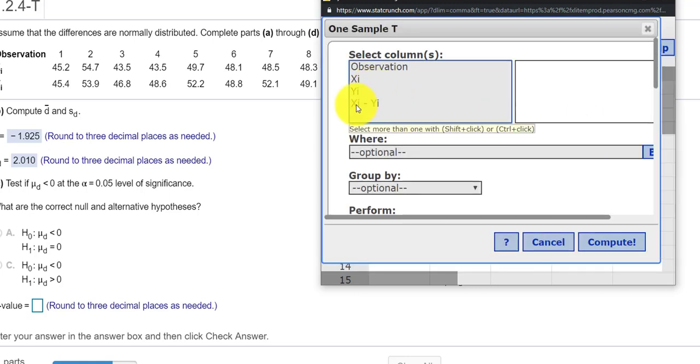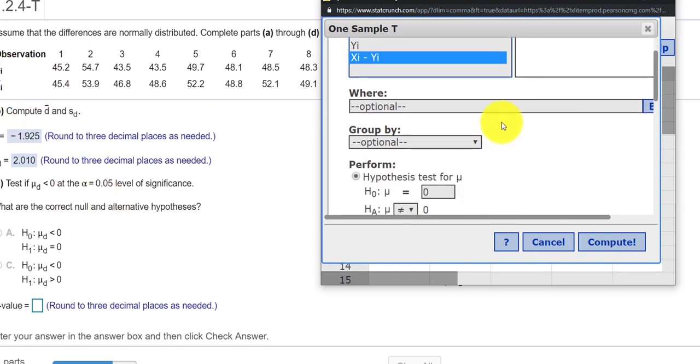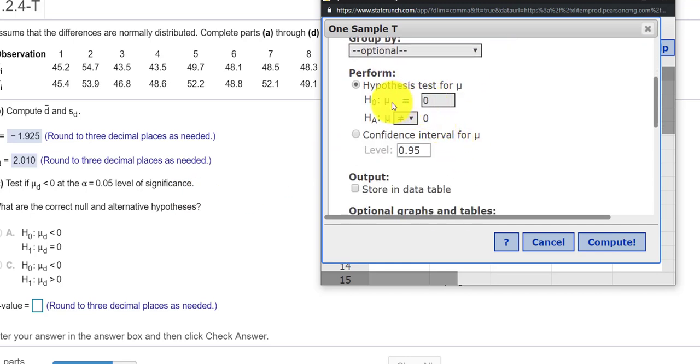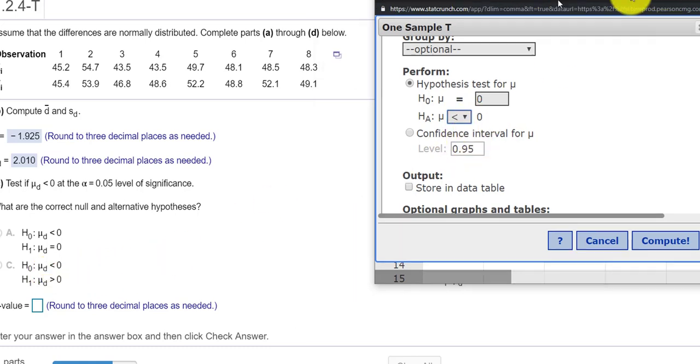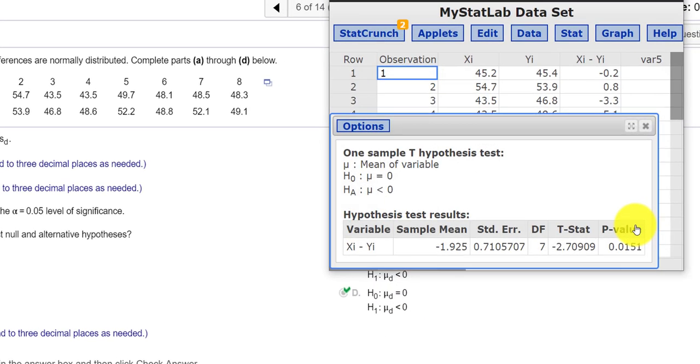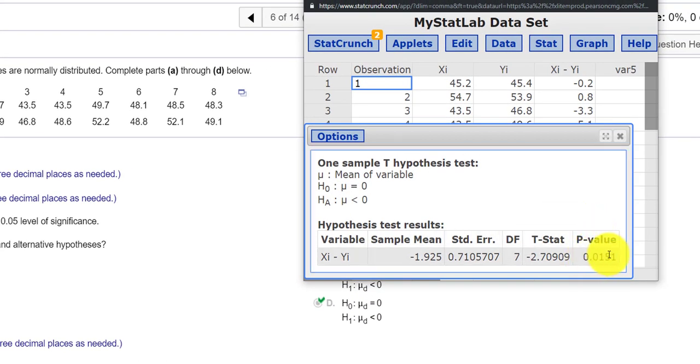My data is in that xi minus yi column, that was what we found. Make sure we have our null: our null was equals 0, and then the other one was less than 0, that's what we selected over here. And I press compute, and my p-value is here.